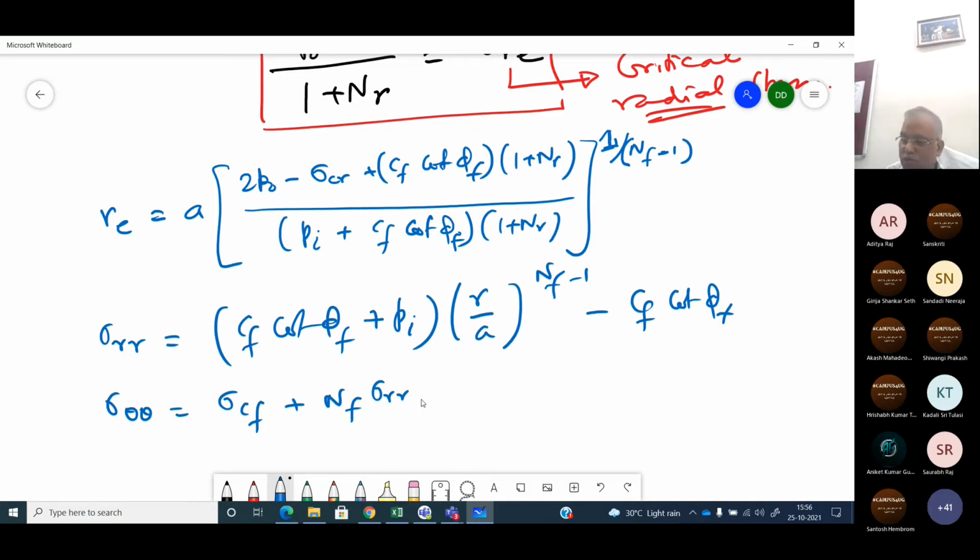Once we know this, you just have to give R and we will find out. These two formulas are for A less than R less than or equal to Re. Both of these equations are in the plastic zone.